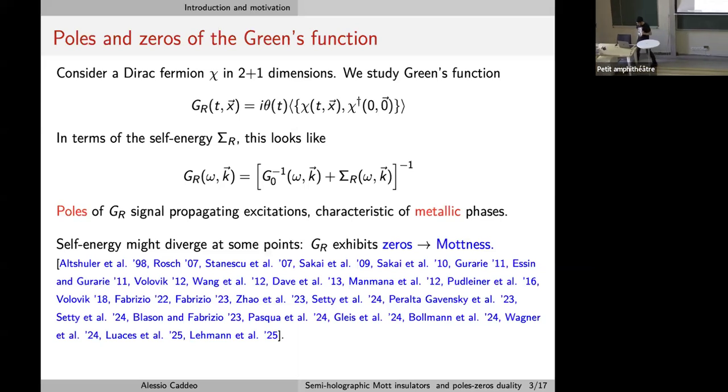Now, in the past, zeros were not on the same ground as poles, but here I listed some papers from the condensed matter literature to show that the community got really interested in zeros, as they are now considered the hallmark of Mottness.